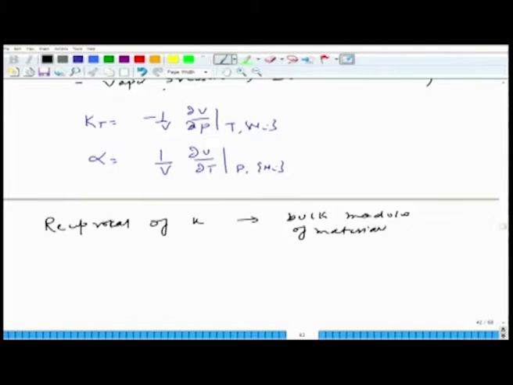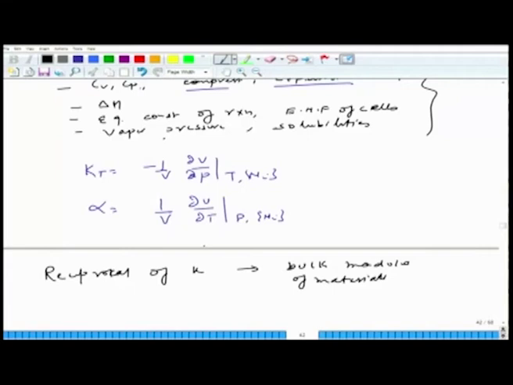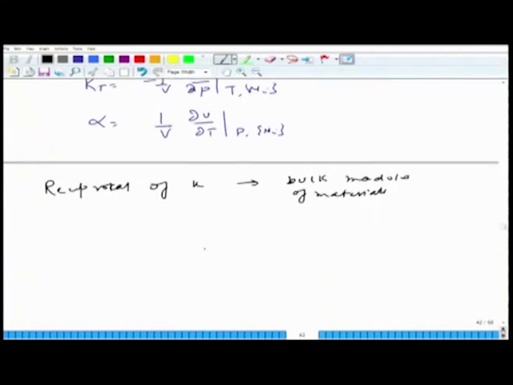You can show, similar to the way we have done the expansion coefficient, that the pressure coefficient, which is 1 by P del P by del T at constant V, is nothing but alpha by P kT.